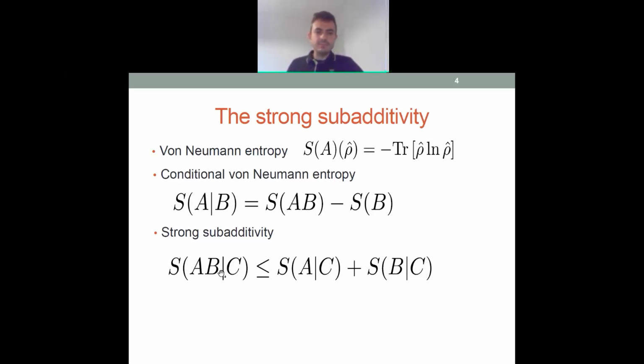The entropy of AB conditioned on C is always less than or equal to the sum of the entropy of each subsystem conditioned on the quantum system C. So what we will see in the next part of this talk is a generalization of this strong subadditivity inequality that applies to bosonic quantum systems.